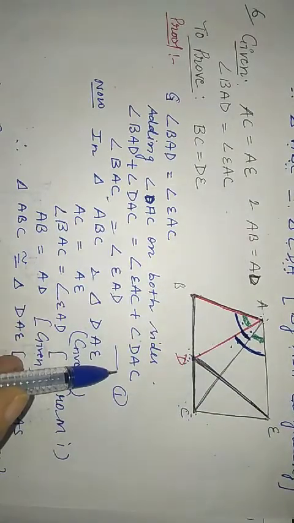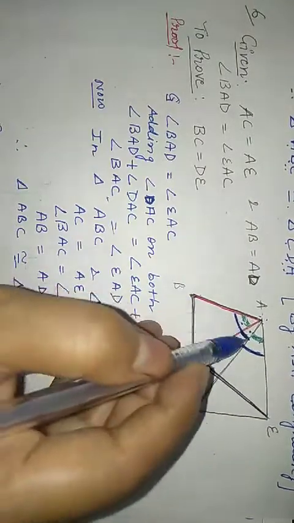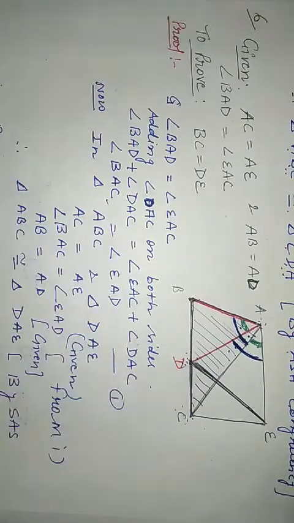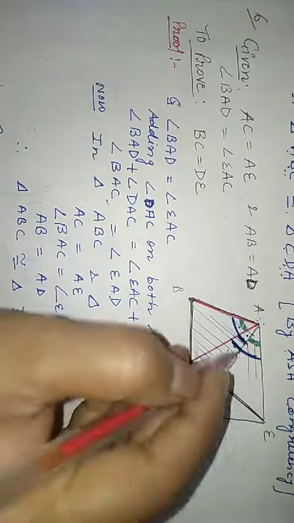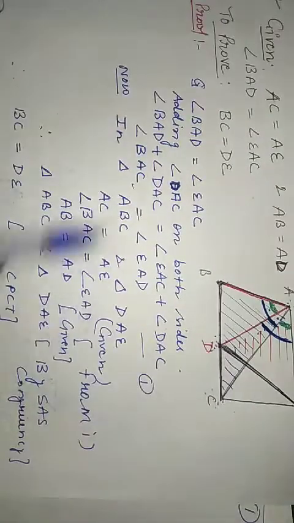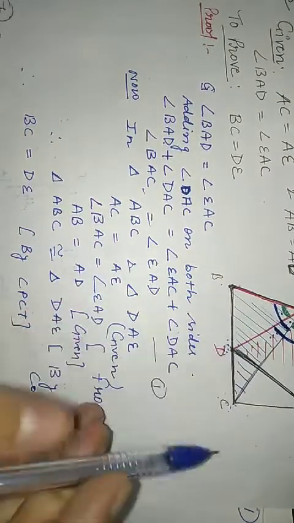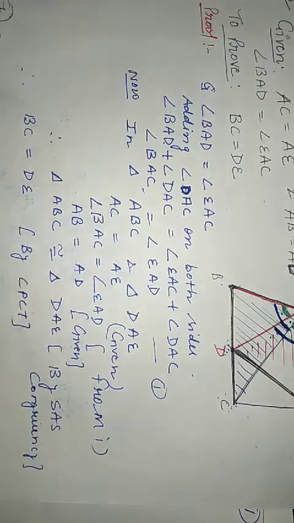So let this be the first equation. Now these two complete triangles we are going to take. Here we have angle BAD and angle DAC that we have added on.